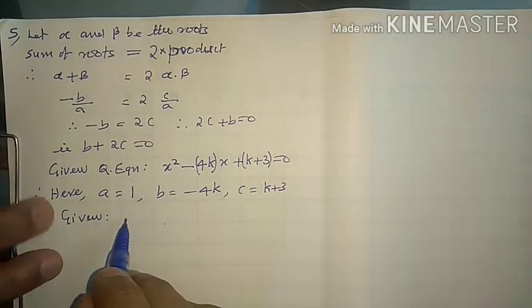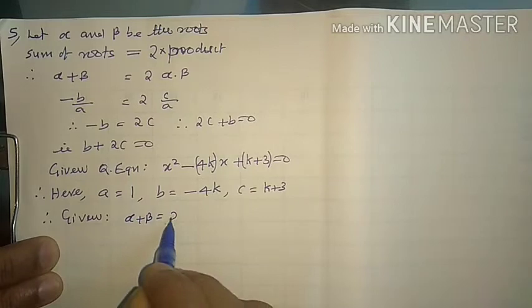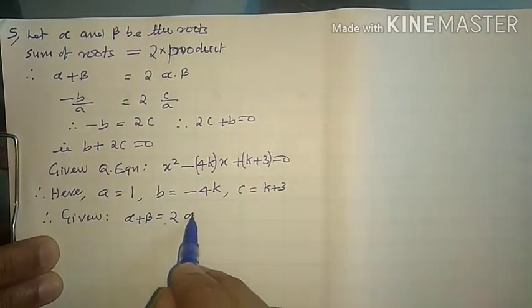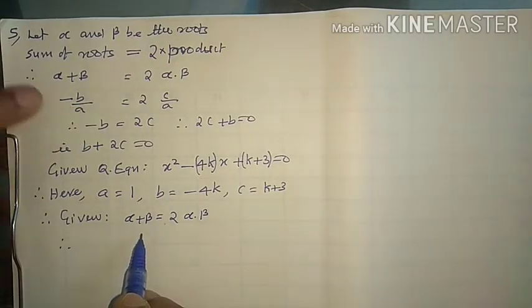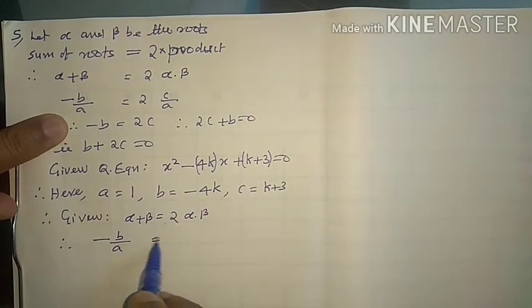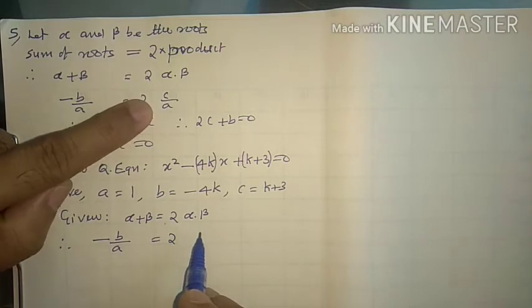Given what? Alpha plus beta equal to 2 times alpha into beta. But alpha plus beta is minus b by a, equal to 2 into product of roots, which is c by a.